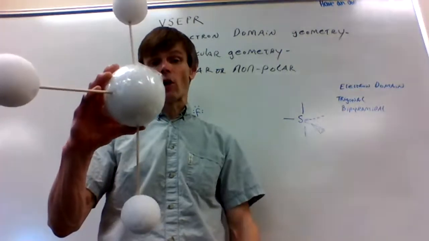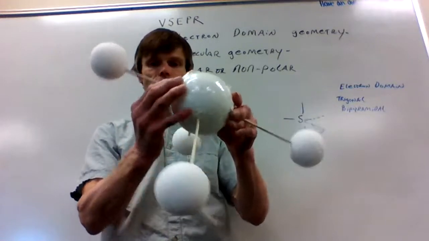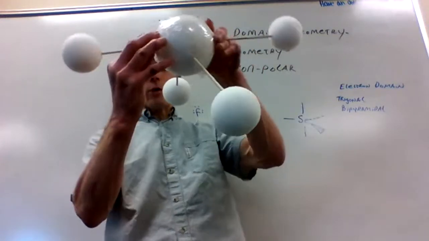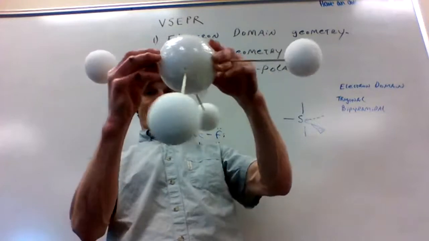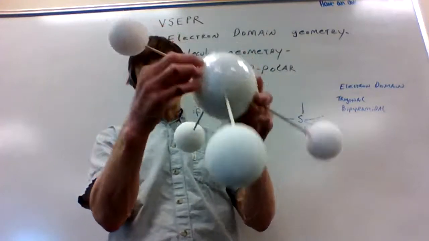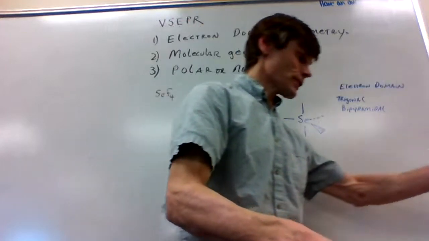So this is where our lone pair of electrons go, and we end up with a structure that's called a seesaw or a sawhorse. Notice it would look like that. You have these two that go up and down, then you have those two out there. And that's a seesaw molecular geometry in this particular example.